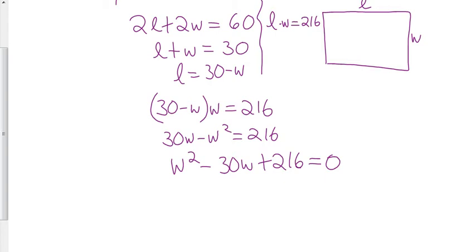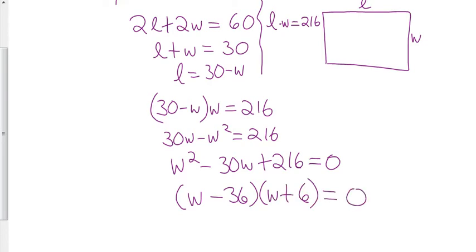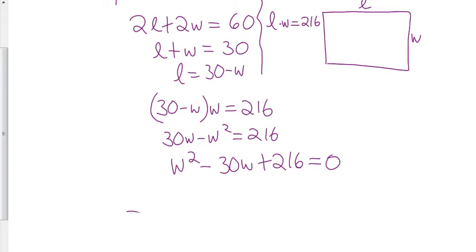Does this factor? Okay, what's the factorization? Let's try 36 and 6. W squared plus 6 minus 36 is minus 30, but times is minus 216, so that doesn't work.